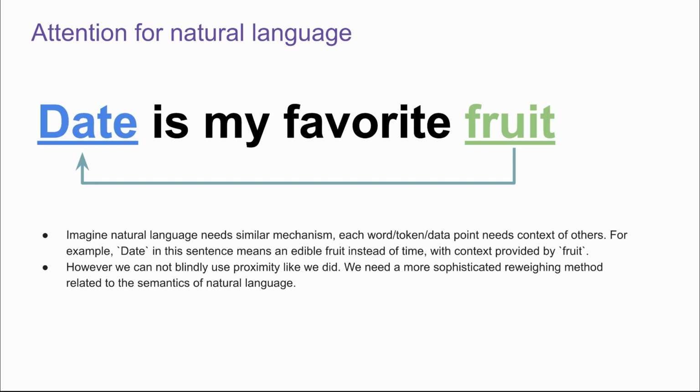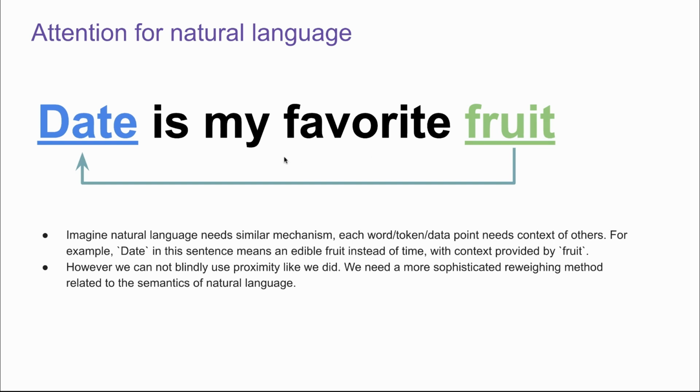So let's talk about attention for natural language. So here's a sentence: date is my favorite fruit. Date is a word that we use very commonly, right? And I would say 90% of the time it refers to the time instead of an edible fruit.